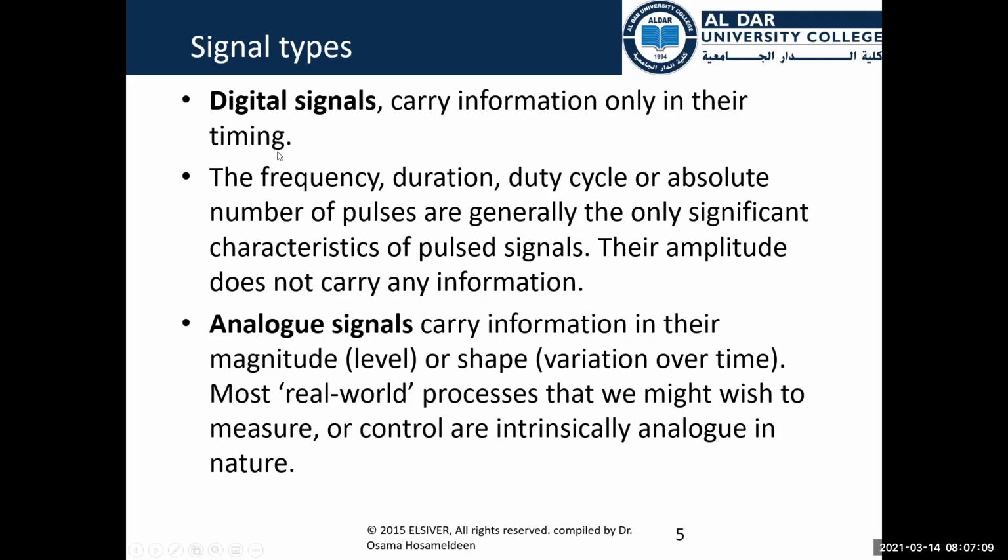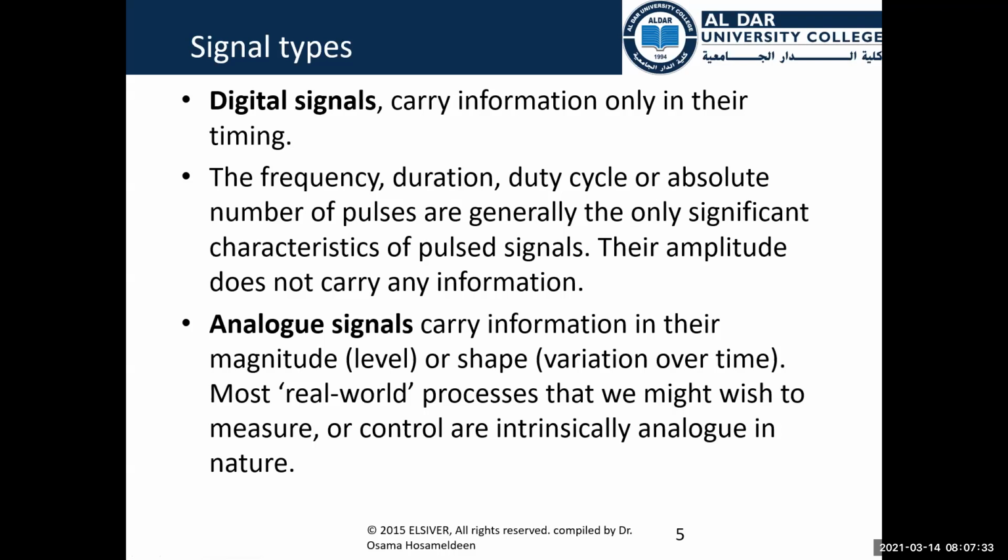For example, the frequency. We can put some information on the frequency. We can put it on the duration of the signal. We can put it on duty cycle or absolute number of pulses. All of these can be used as parameters for having information carried on this signal.